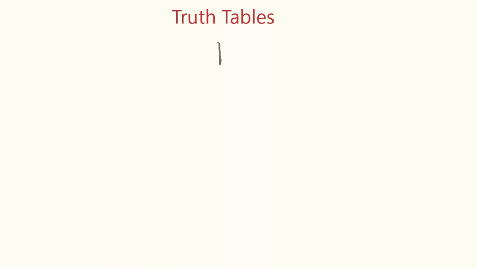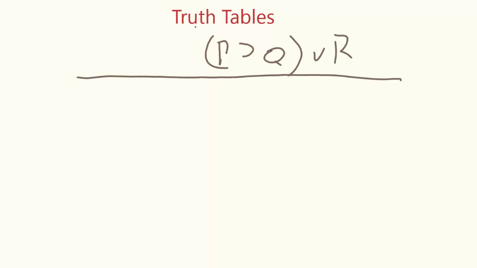So we have the proposition real quick: if P, then Q or R. And we have P, Q, R in our reference column.